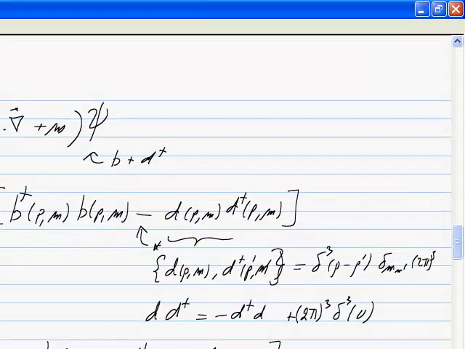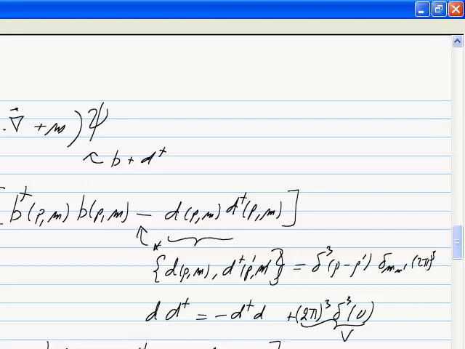A couple of things. Here's the V. Previously I told you how this thing turns into the volume of space-time, so that's why I wrote it as V. The minus sign comes from that minus sign, and the 2 comes from the 2 spins.